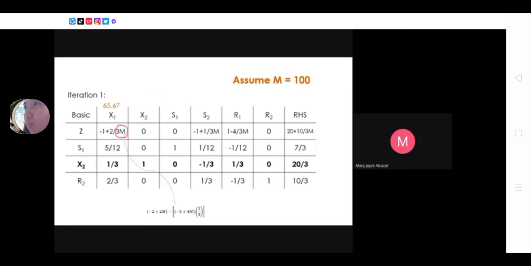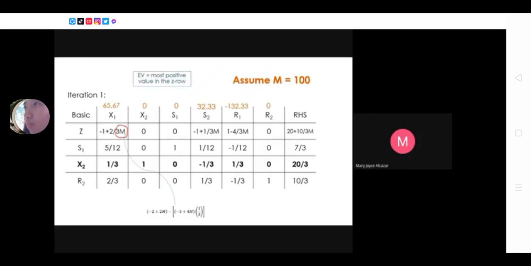So the resulting value is 65.67. For x2, that is 0. For s1, that is 0. For s2, that is negative 1 plus 1/3 times 100, or 32.33. For r1, 1 minus 4/3 times 100, or negative 132.33. And for R2, that is 0.